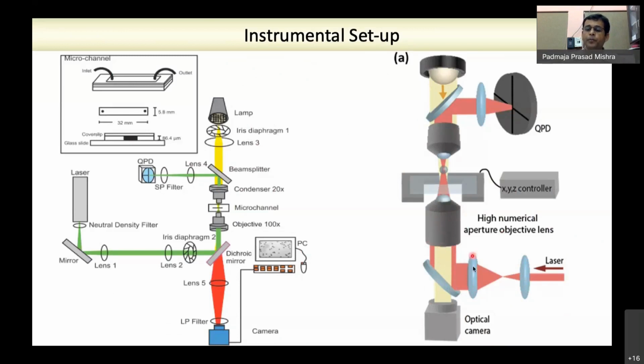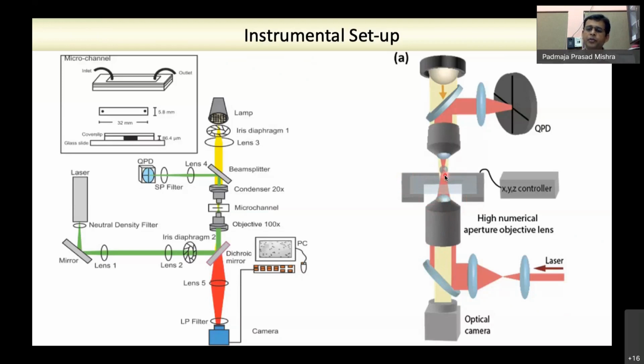The laser beam is directed using some steering optics to the objective, and now this high numerical aperture oil immersion objective creates a very narrow Gaussian beam waist here, and your sample is here on an XYZ controller piezo stage.